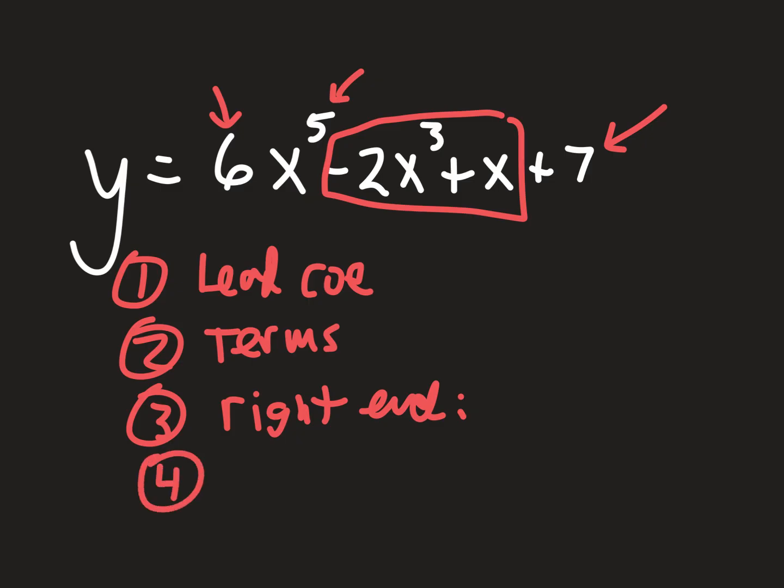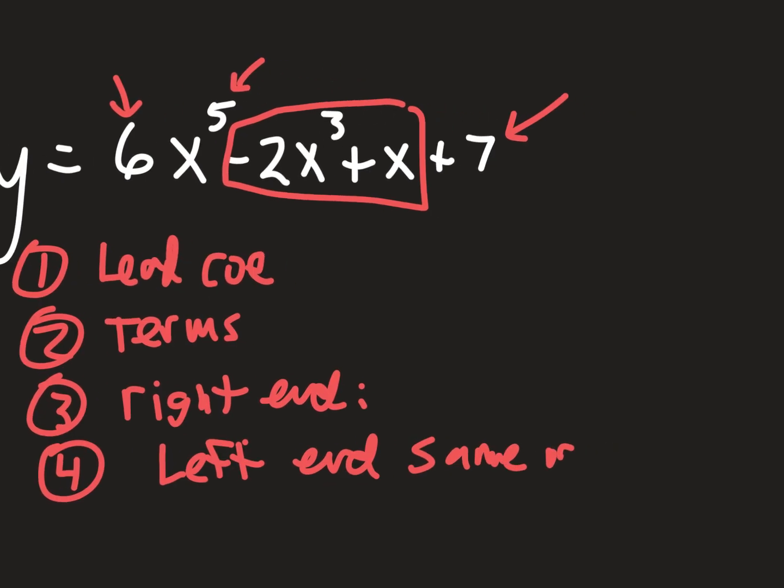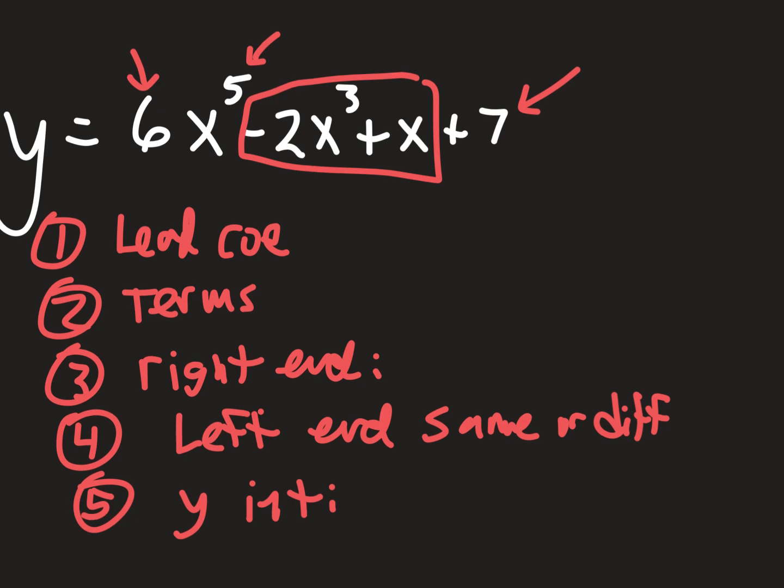Number 4. Is the left end the same or different? And number 5, what's the y-intercept? You should be able to answer all those questions about this from what I taught you. I'll pause for a second while you try to answer 1, 2, 3, 4, and 5.